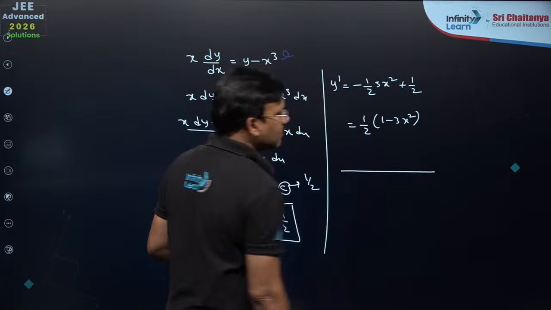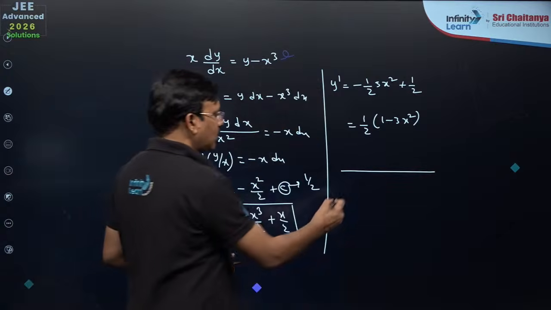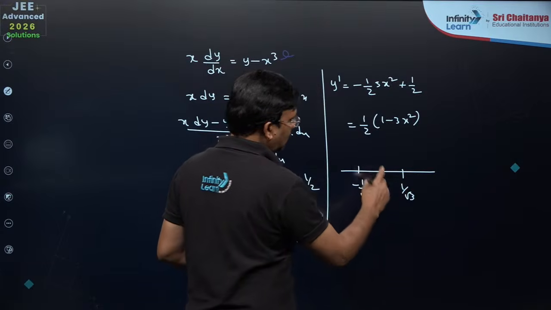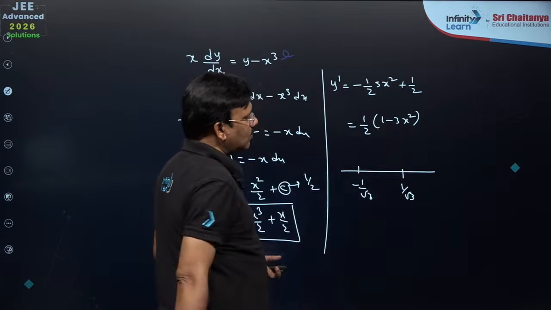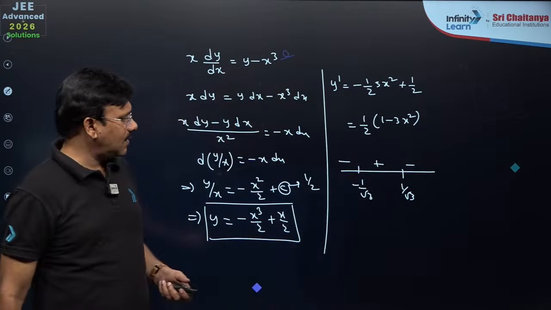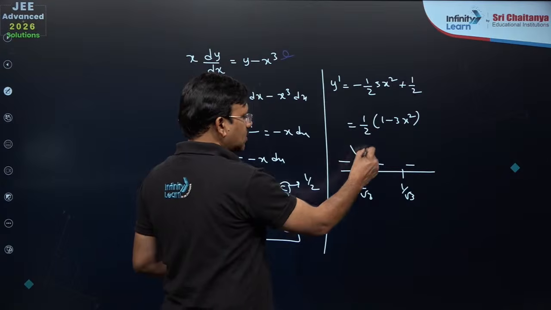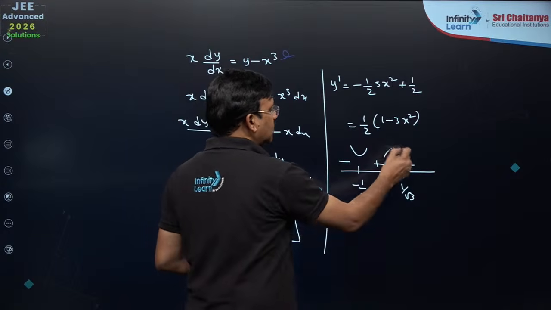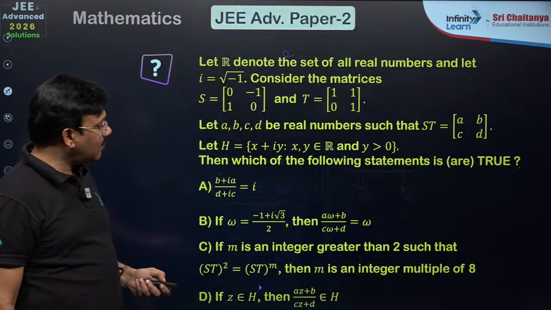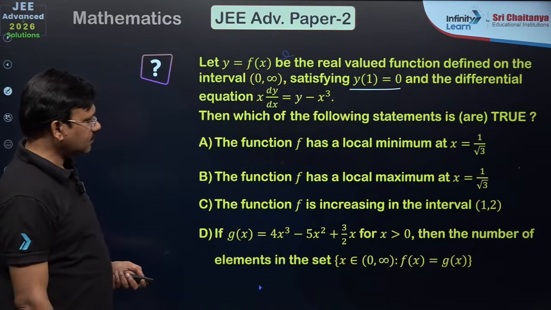The derivative becomes 0 at plus or minus 1 by root 3. If x is more than 1 by root 3, the derivative is negative; so by the wavy curve method it is negative, positive, negative. Now, negative to positive it will have local minima, positive to negative it will have local maxima. So, friends, you see the options.